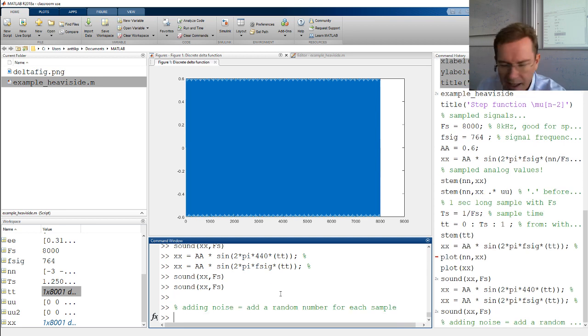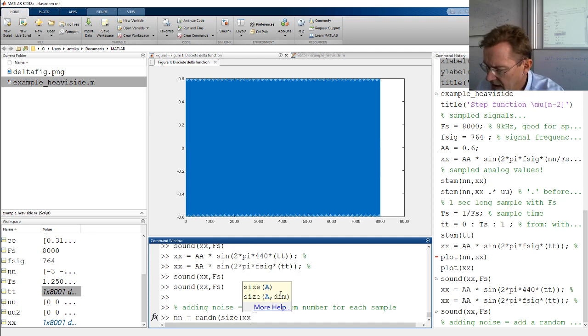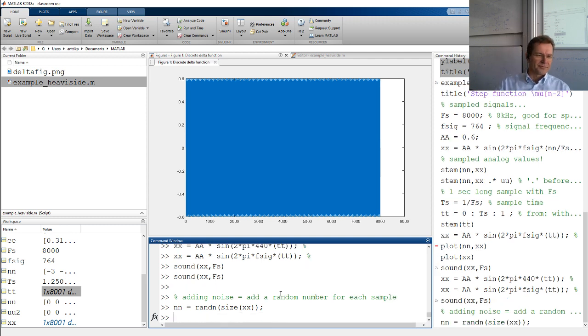So we need a noise value for each sample, and that would be the size of x. So this one gives me as many random numbers as I have in my signal. And I can add it there.